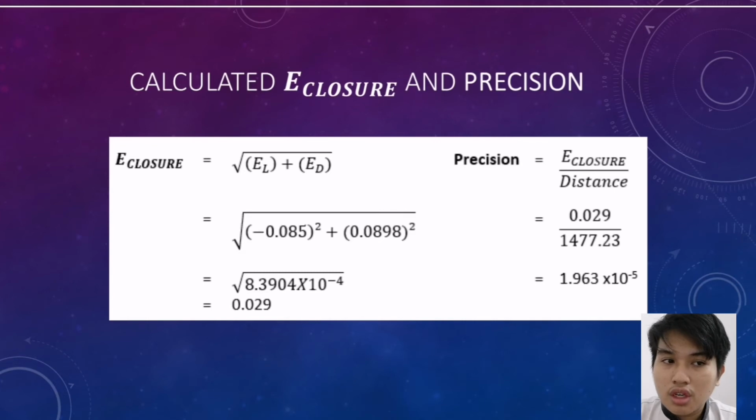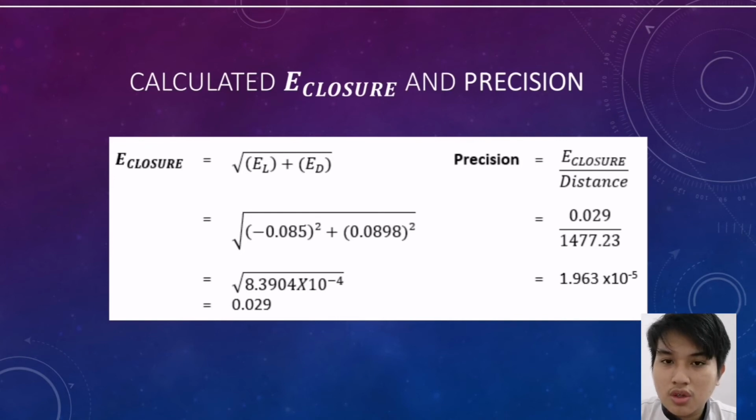For enclosure, the formula is square root of EL squared plus ED squared, where EL is latitude and ED is departure. So we get the enclosure is 0.029. And the last one, precision.